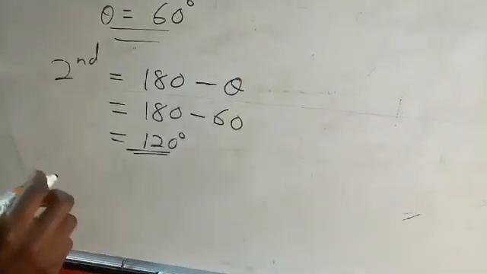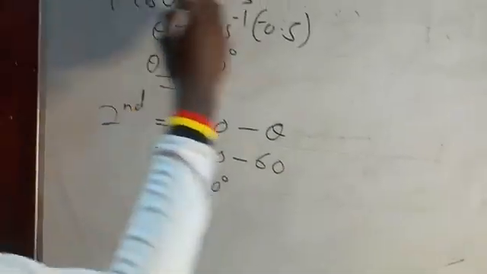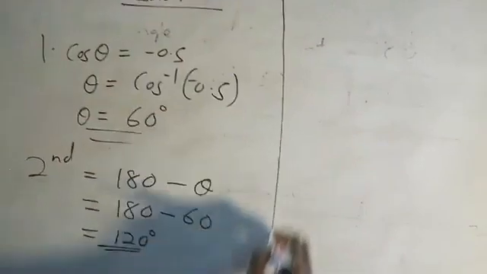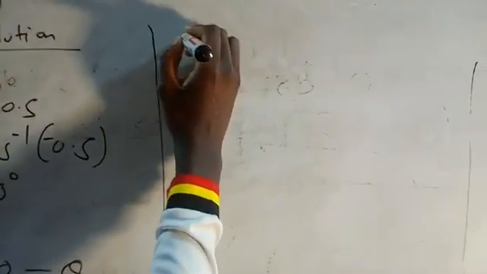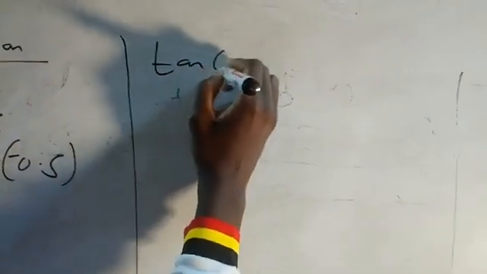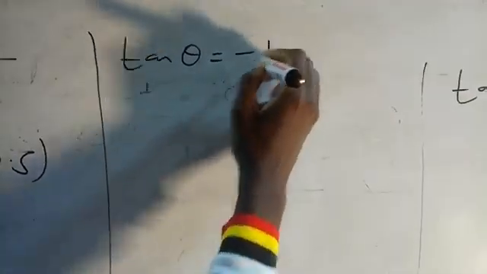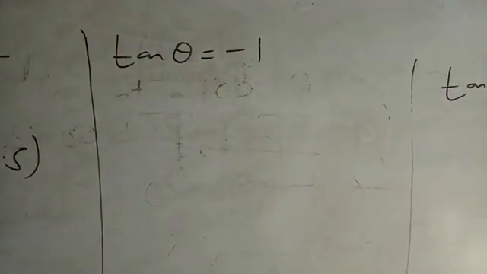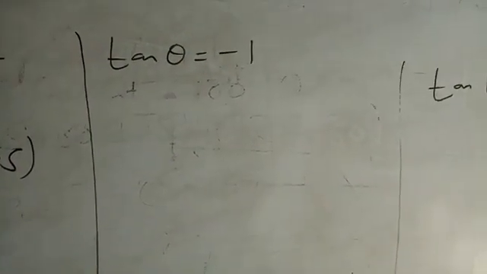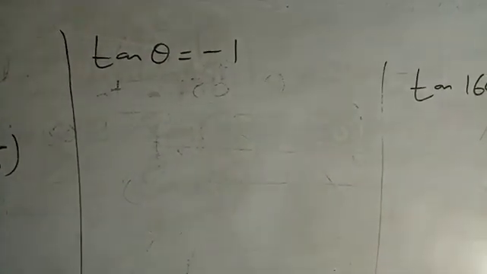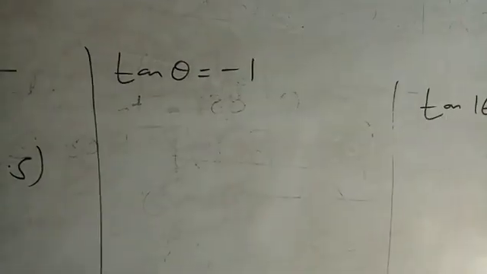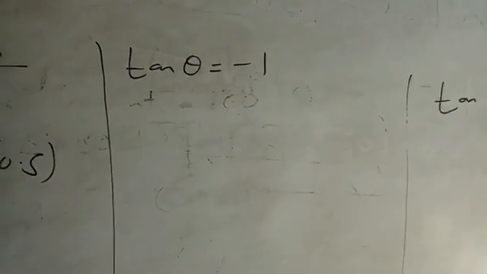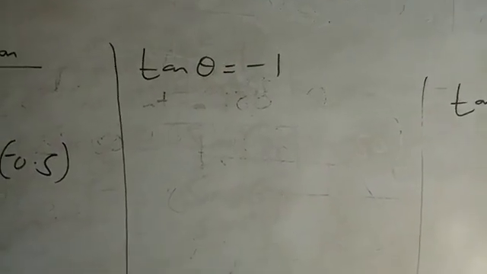So let's go on to number 2, tan theta is negative 1, and we know that for tan theta to be negative, it's either in the second quadrant or the fourth quadrant.